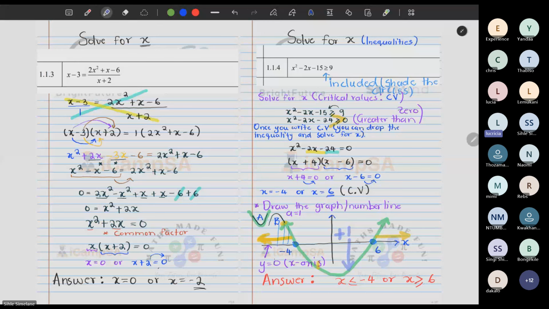An x value that is 1 sits somewhere there. The corresponding y value will be below. So this would not work because they are saying greater than 0, and x is 1 gives us an answer that is less than 0. Our graph is below the y is 0 line there. That was just an extra point.